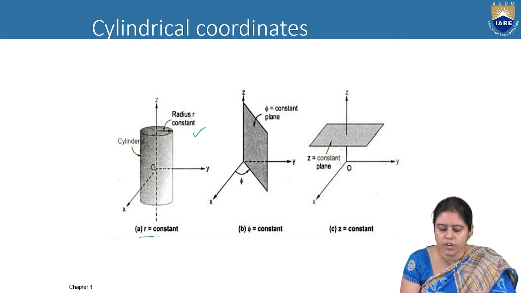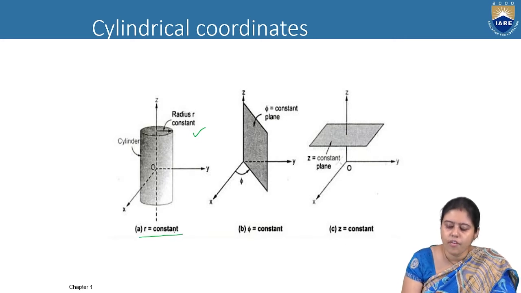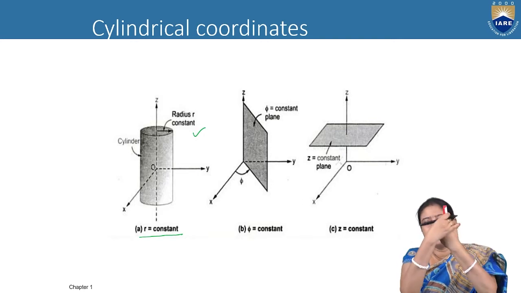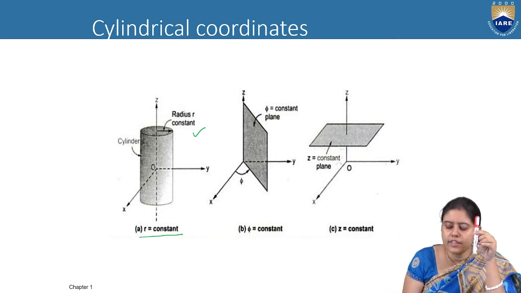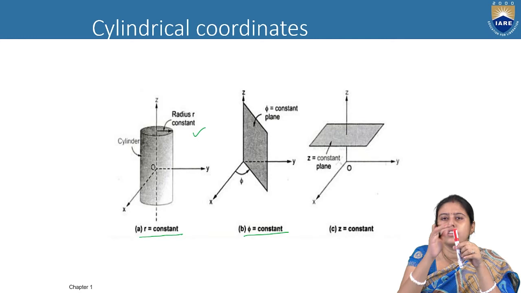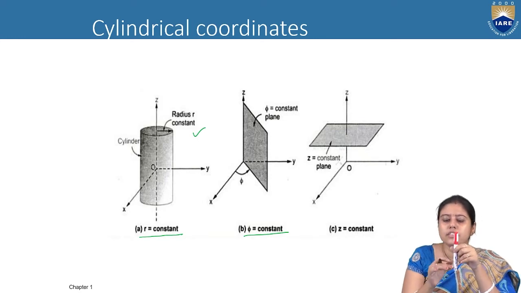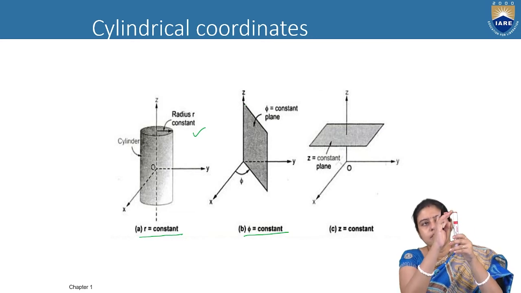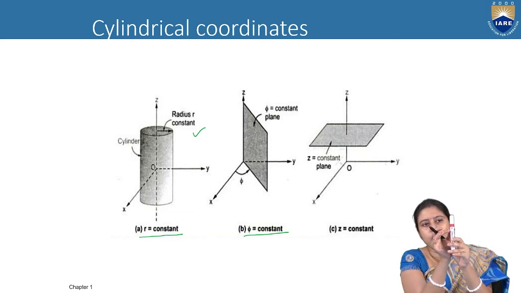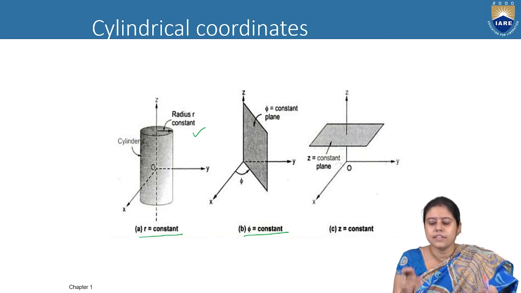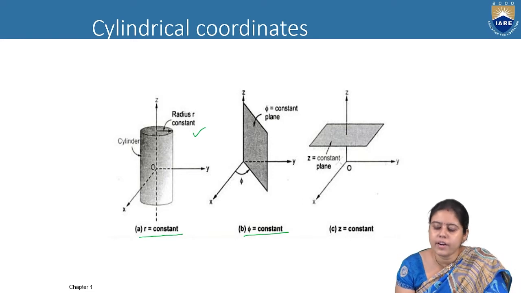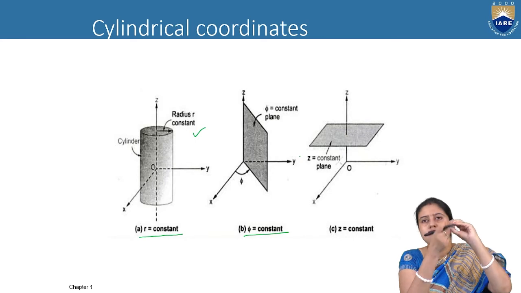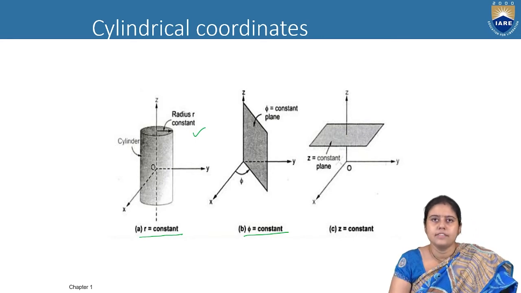When is r constant? R constant means the radius is constant, which gives the body of the cylinder. When phi, the angle, is constant, we cannot show it easily. Phi constant means we can get either a small or a big cylinder. And another one is Z. When Z is constant, we will get one circle and another circle.